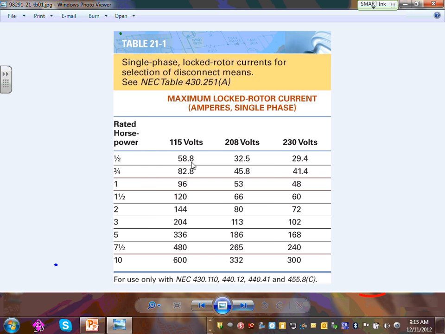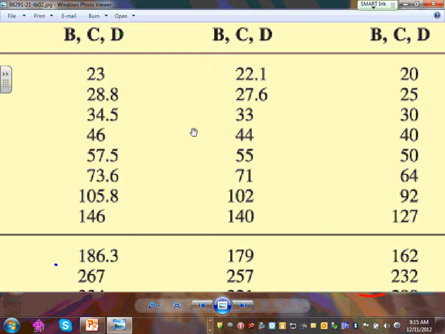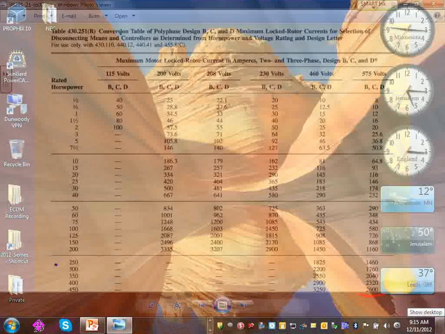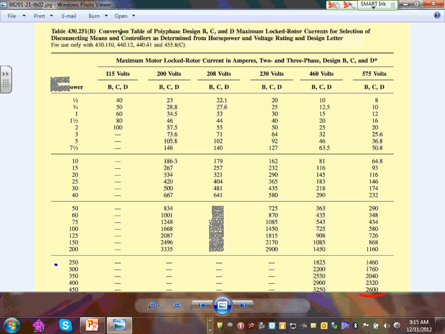I don't know how many of you guys have seen this, but this can give you rated horsepower and maximum locked rotor current. I'm going to go to three-phase right away. I'm going to use one example, and I know you guys will know it immediately. This is how you size the disconnect.